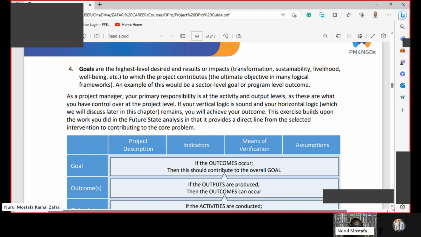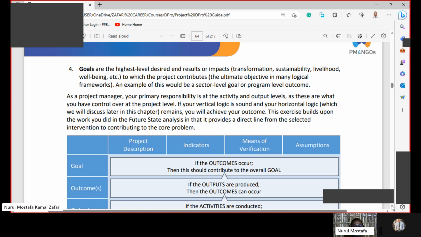As we were earlier talking about the logical framework, let me link with the previous discussion. The logical framework is a 4-by-4 diagram, a table with 4 columns and 4 rows.